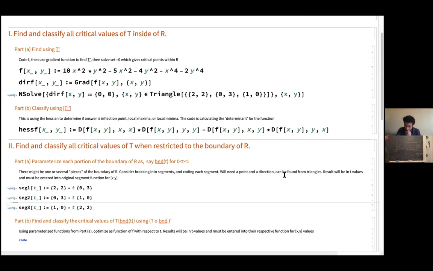Now, working this out, if I simplify this, I can actually do this by hand. But now you have a function of just t, and you know the domain, so you can plot this. t is between 0 and 1.